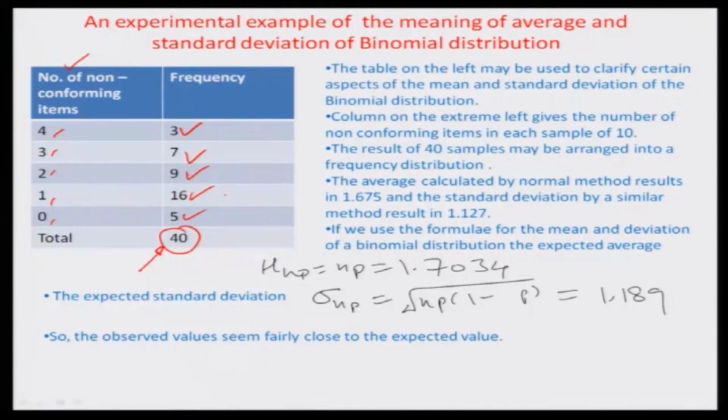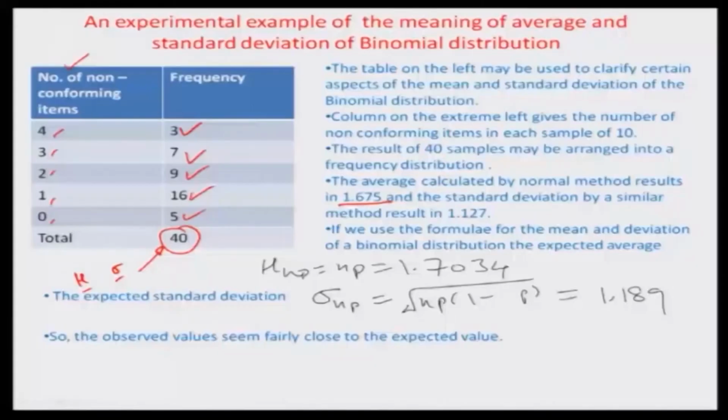So if I wanted to calculate the mu as well as the sigma for this distribution, obviously it is a frequency distribution, and you can calculate it using the normal formulation as taught earlier. The average comes out to be 1.675 and the standard deviation comes out to be 1.127.